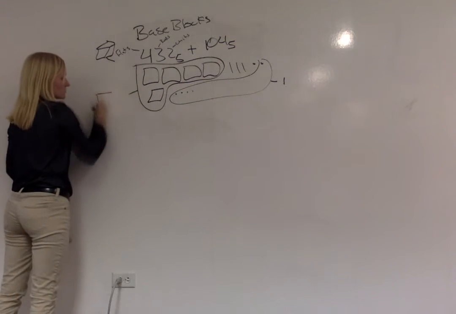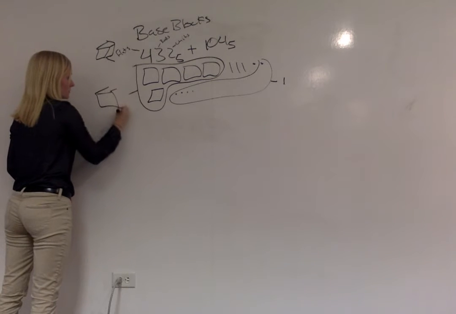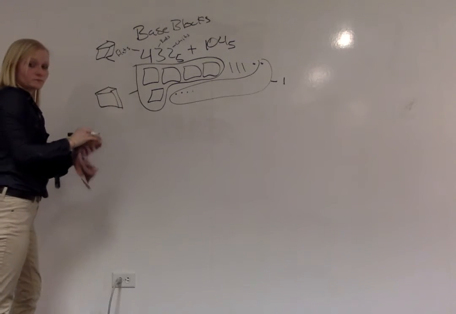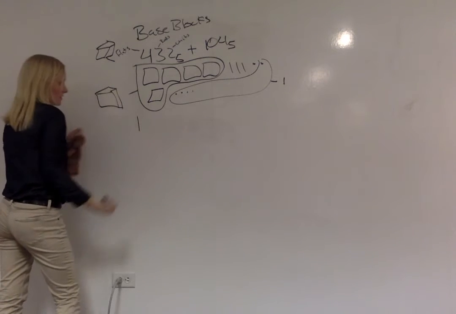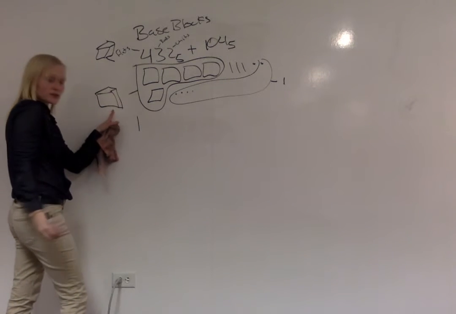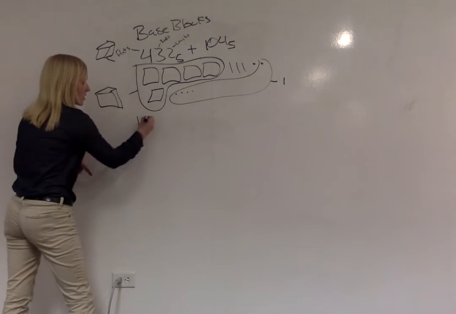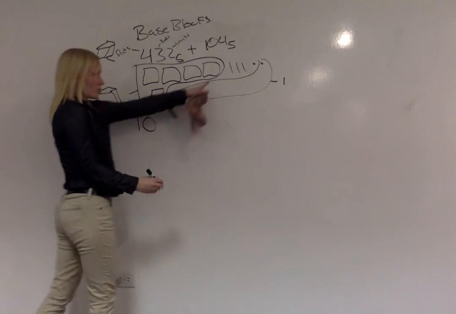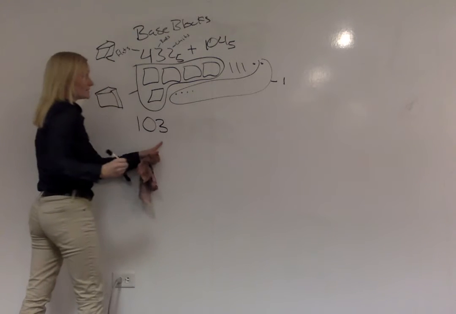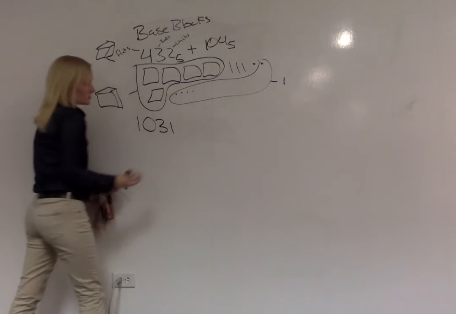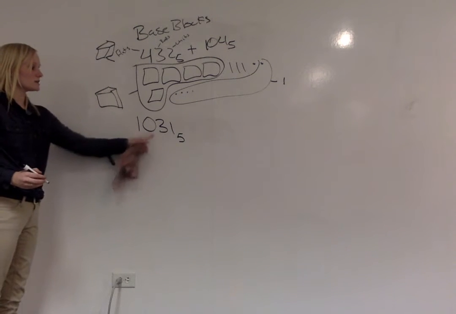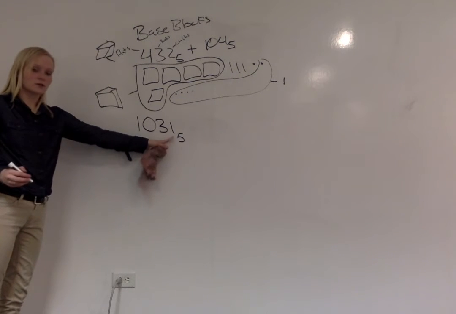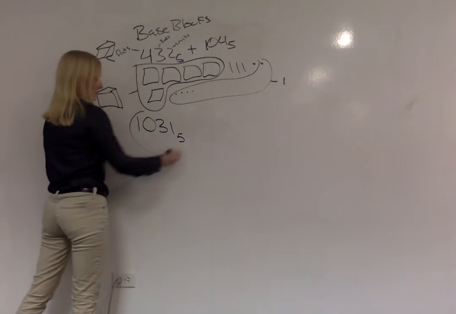That equals a cube. This would now give us 1 cube, which is 1,000, 0 flats, 3 rods, and 1 unit in base 5. So you have 1, 0, 3, 1 in base 5.